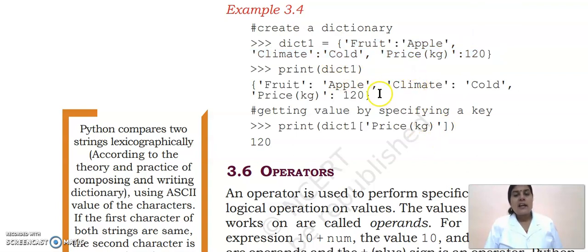If you want to get the corresponding value, by using the dictionary name and the key price kg, we can get the price, 120. Inside, dict 1 is used, after that a square bracket is used, and the key price kg is passed. Then 120 will be the result.